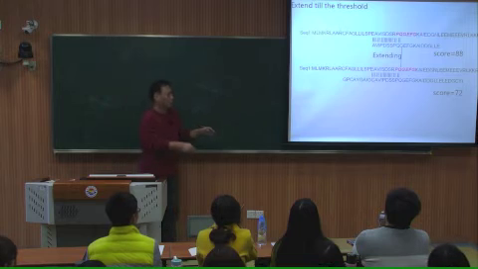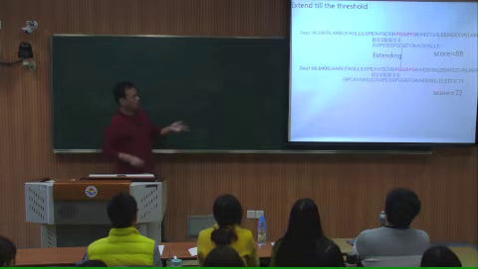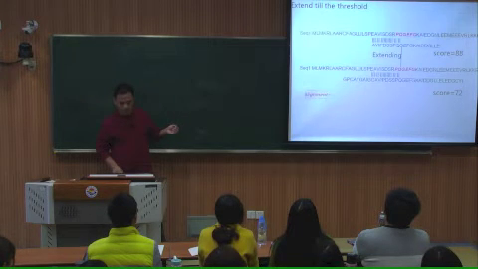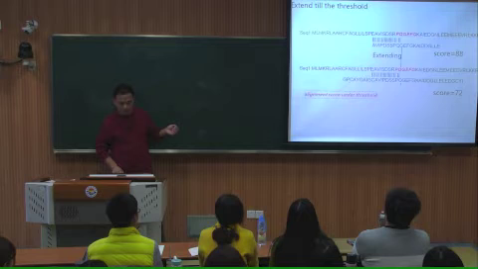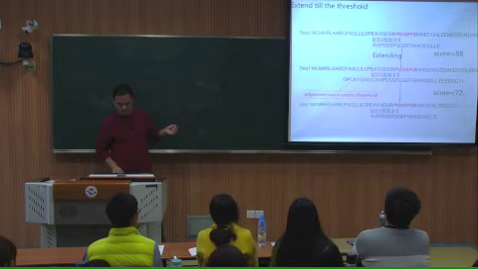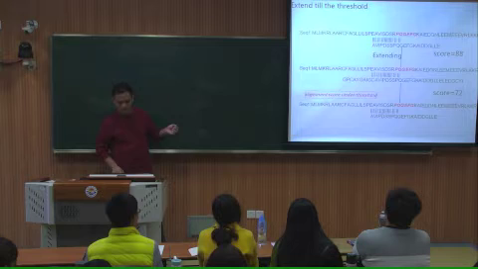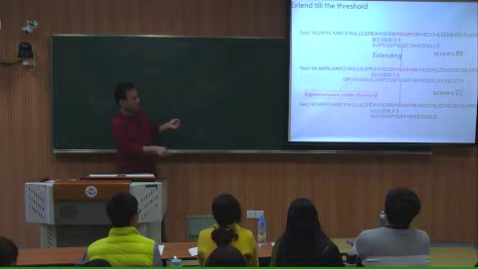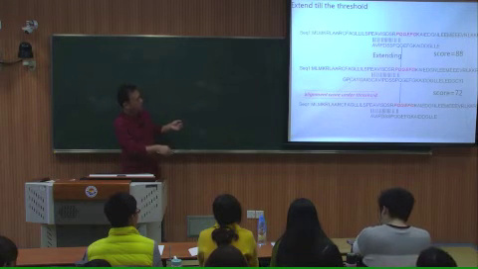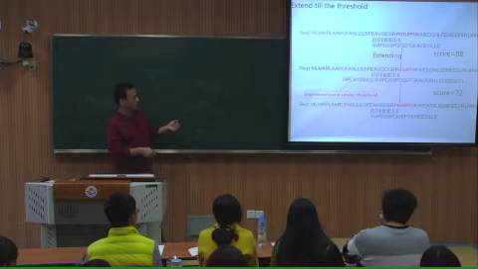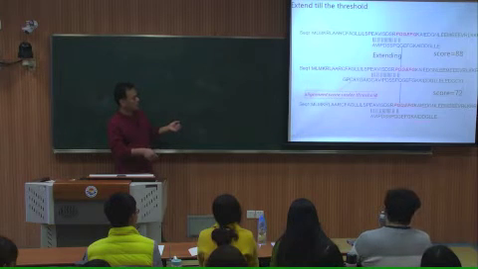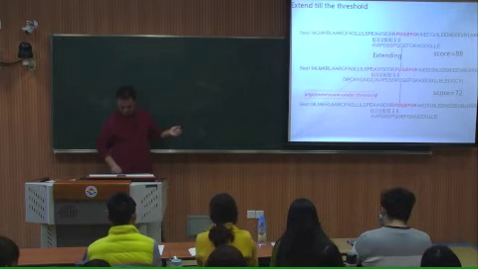Then when we stop, we will pick this one as the final result. We will pick this one and report it. We will report this sequence from our database, and also we will report the alignment.